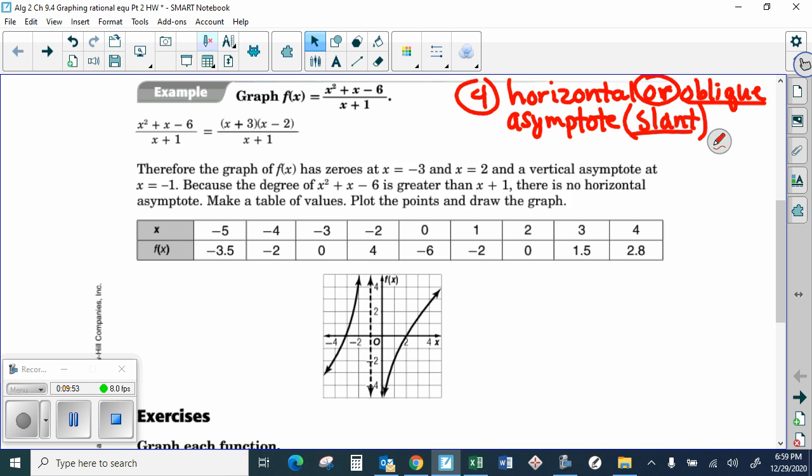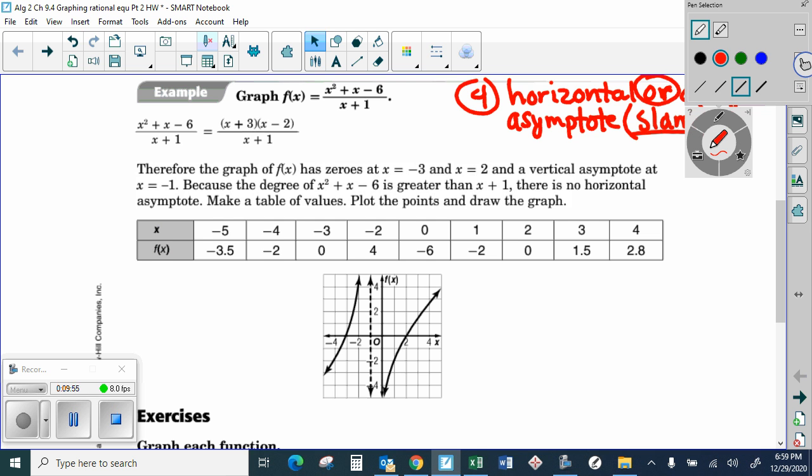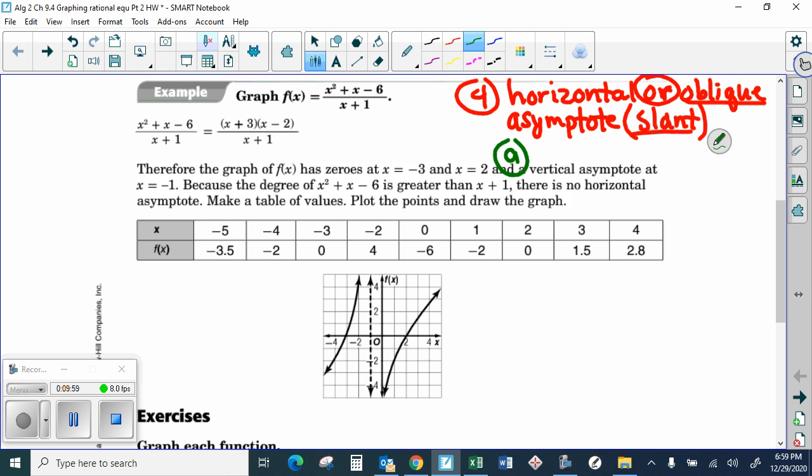How do you know which one you're going to have? We'll go A here: horizontal asymptote, HA for horizontal asymptote.